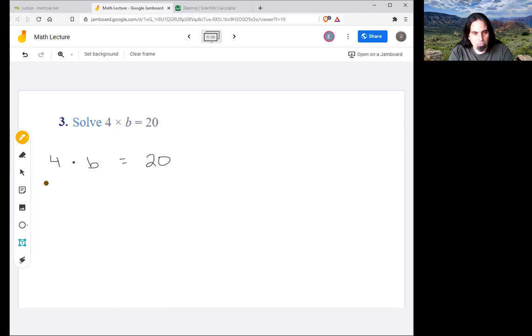I'm going to write this differently as just divided by 4 like that for variety's sake. It's not that one is right or wrong, although I will talk more about this in a moment. So b times 4 divided by 4. A times 4 and divided by 4 cancel out, and I get b by itself. And then 20 divided by 4 would be 5.